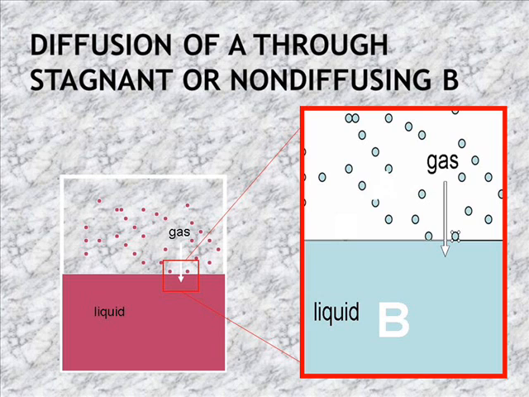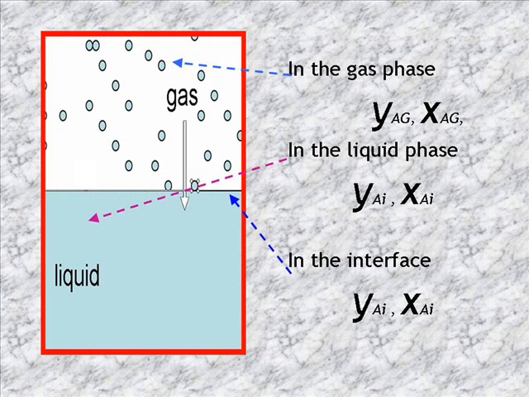Or let's say the solute A alone will be having its mass transfer. As shown in the illustration, only the solute in the gas phase will be going through the liquid part.